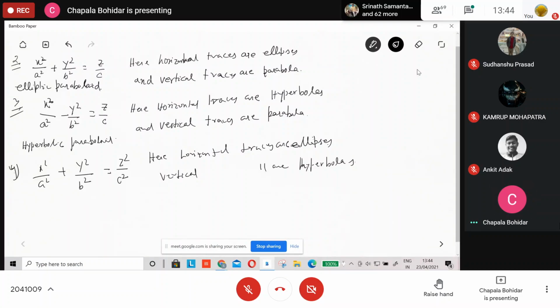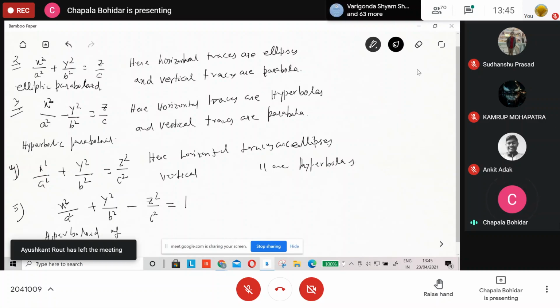Five. x square by a square plus y square by b square minus z square by c square is equal to 1. This is your hyperboloid of one sheet.